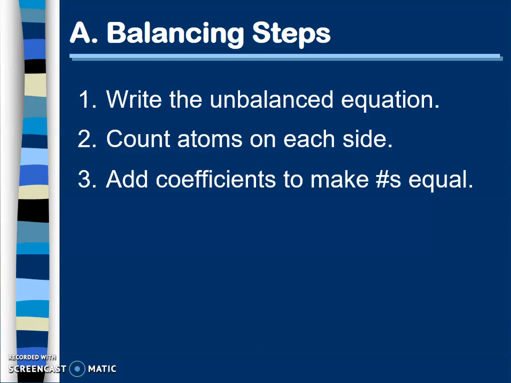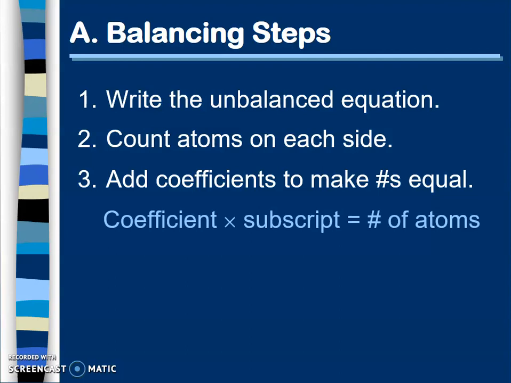So you cannot change the subscripts, but you can change the coefficient because remember the coefficient tells you how many of that substance you have. So coefficients can be changed because you can add in more or less. Okay? Now, when an atom has both a coefficient and a subscript, you have to multiply those two together to get your total number of atoms.